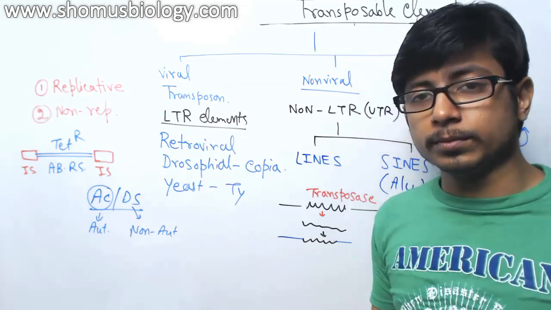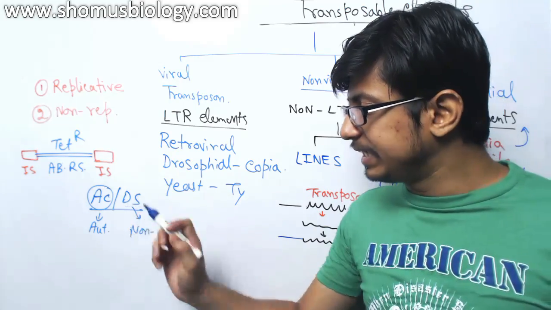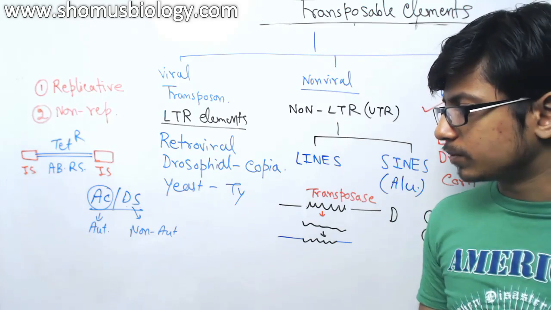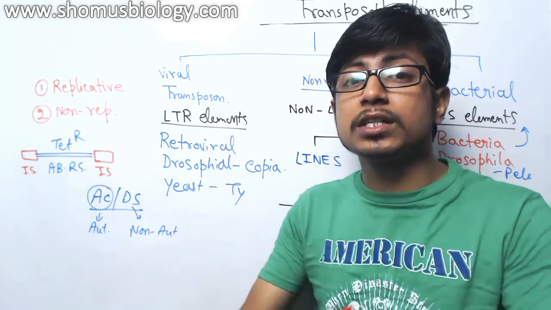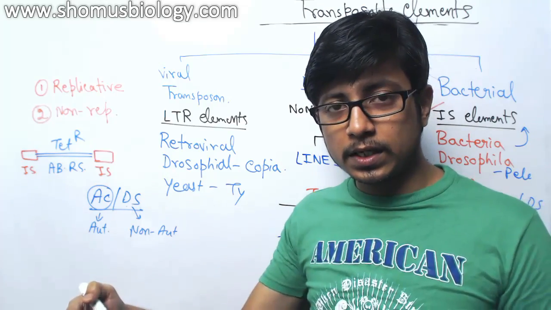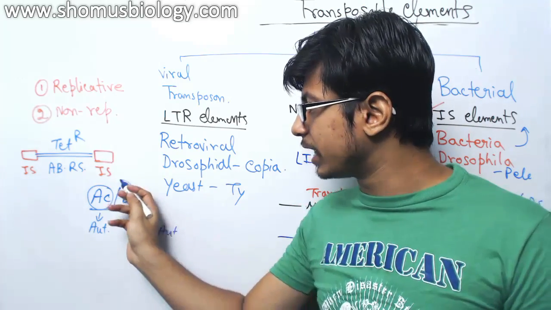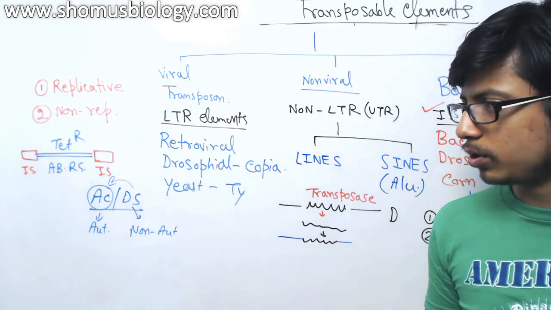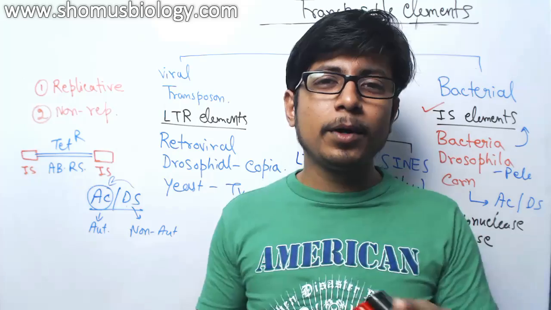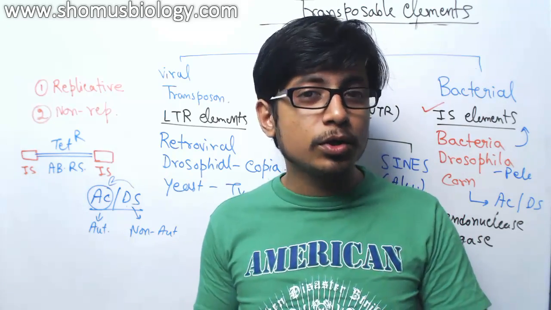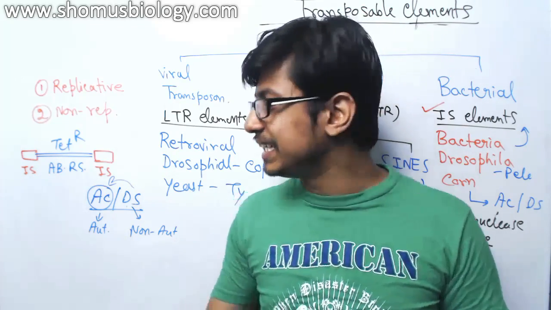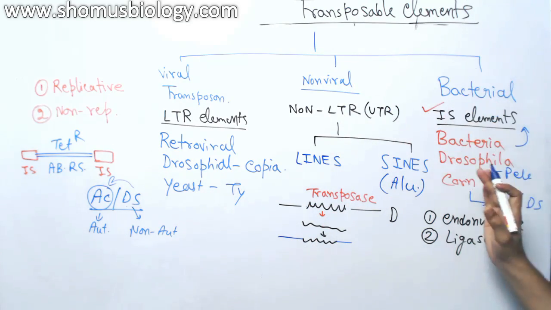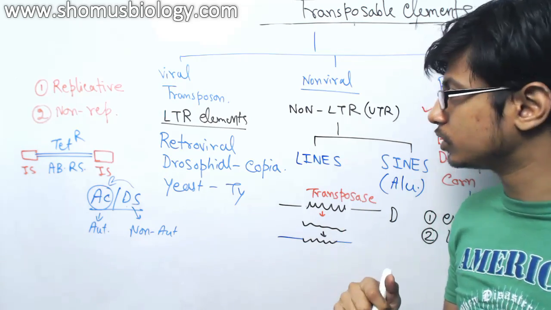But the non-autonomous one, for example the Ds element, requires the help of the Ac element to move from one region of the DNA to another. That's why it's a non-autonomous transposon. So if you wonder what composite, non-composite, autonomous and non-autonomous transposons are, this is it, and all of this is placed in the IS elements, the bacterial type of transposons.